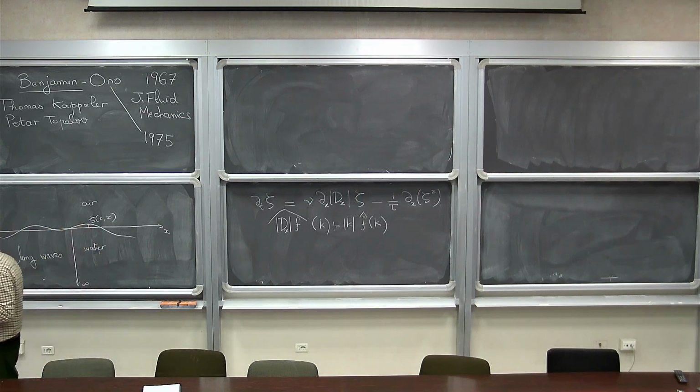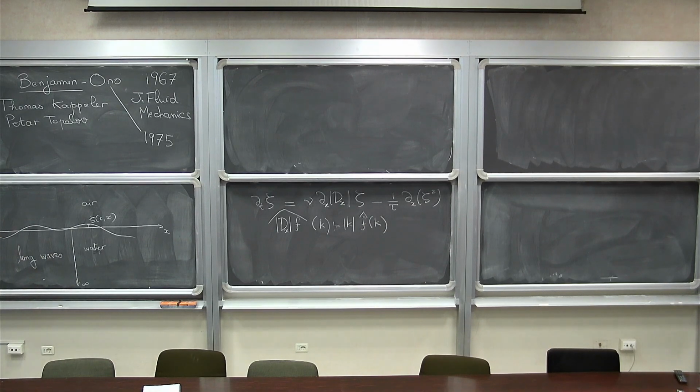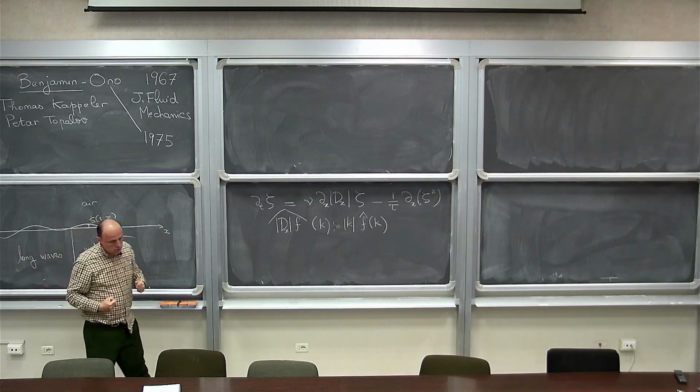Because you are dealing with irrotational and incompressible fluids, at some point you will have to solve the Laplace equation in, typically, an upper half plane. And if you solve the Laplace equation in the upper half plane and look at what's going on at the boundary, you will have the Dirichlet to Neumann operator, which relates the initial boundary value to the second boundary value.